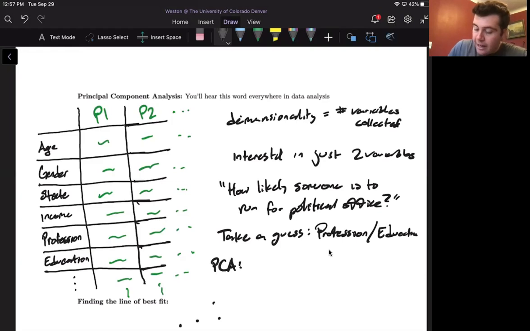Principal component analysis, though, creates combinations of variables.